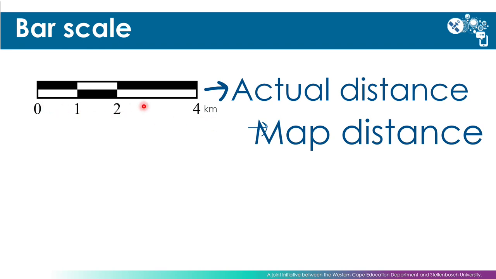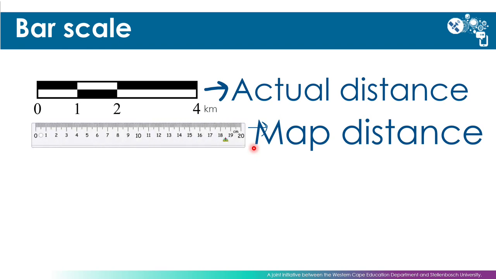So if we have this, we see that this actual distance is 4 kilometers, which means the map distance I won't be able to say is 1. I will now need to take my ruler and measure. So in this case, if I have a look at this ruler, I would say that 16 centimeters on the map, because the scale is going to be on the map, 16 centimeters on the map is 4 kilometers in real life.